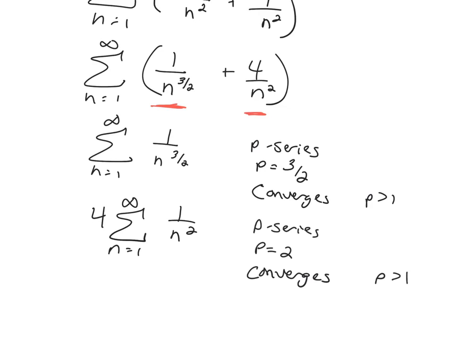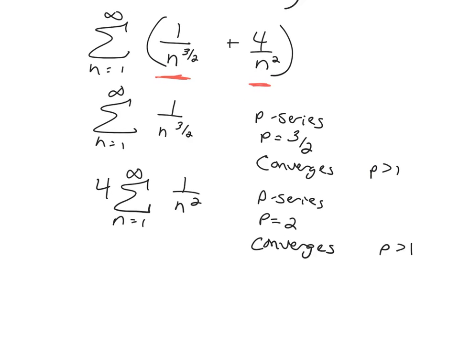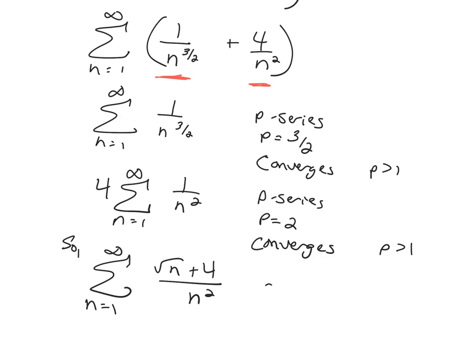So I don't need to do anything else. Because these things converge, my original series, square root of n plus 4 over n squared, also converges.